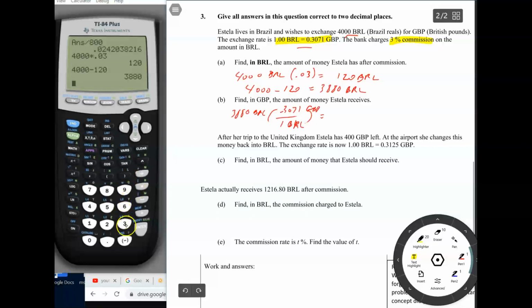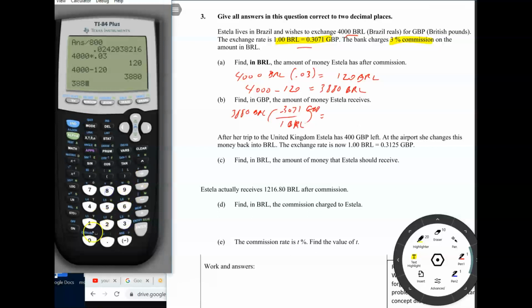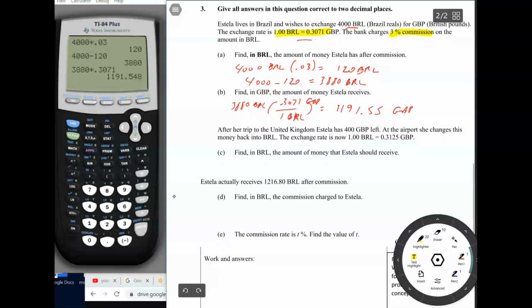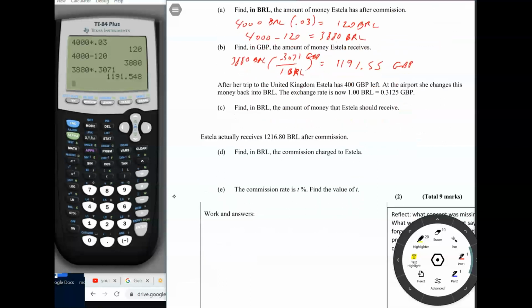Then my answer will be 3,880 times 0.3071, and I get 1191.55 GBP.